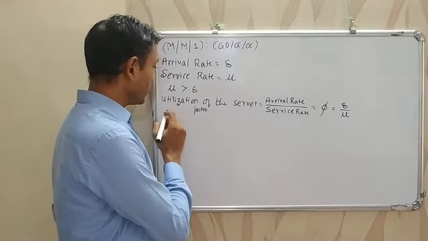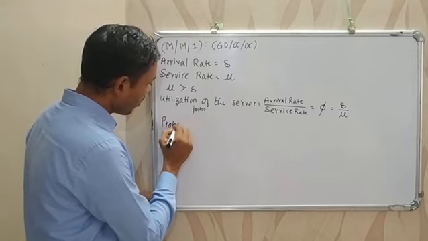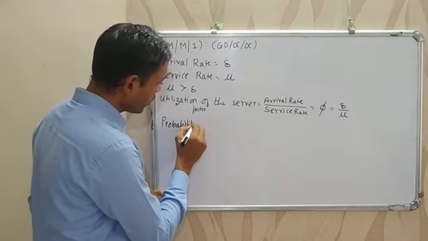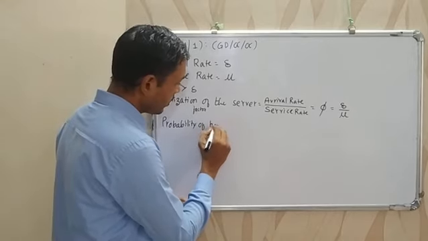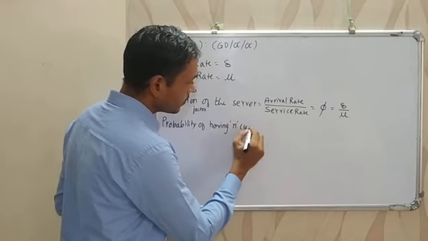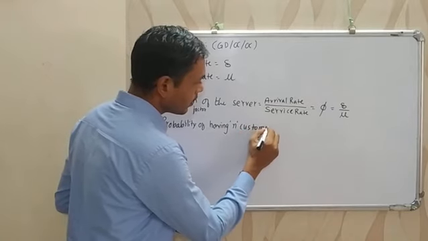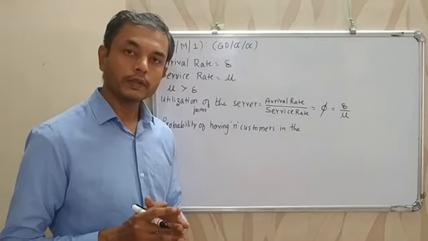Now let's say second, probability of having n customers in the queue.